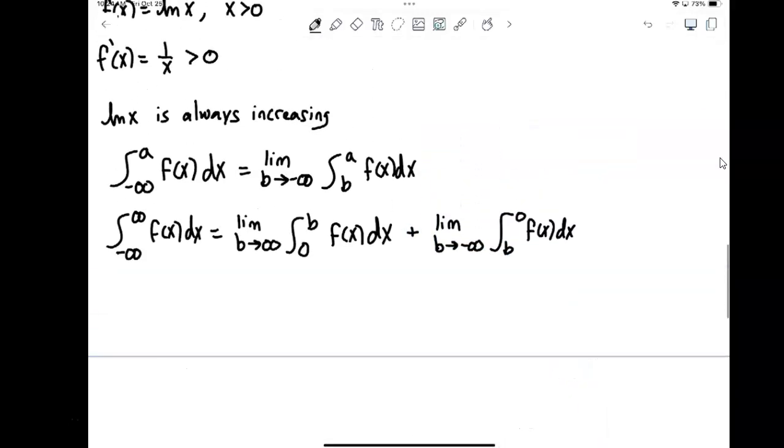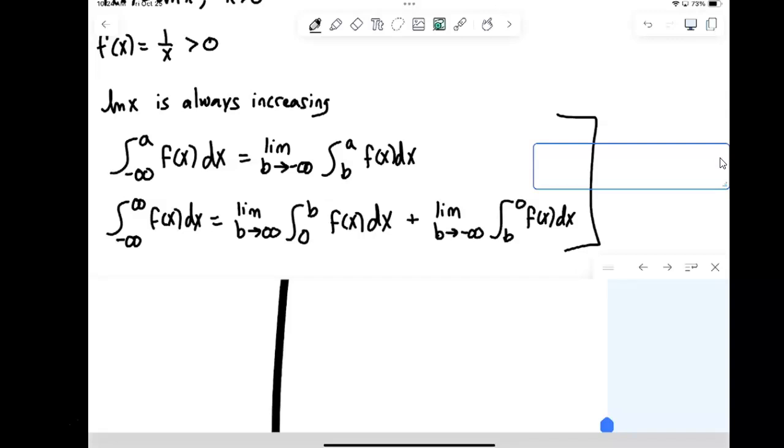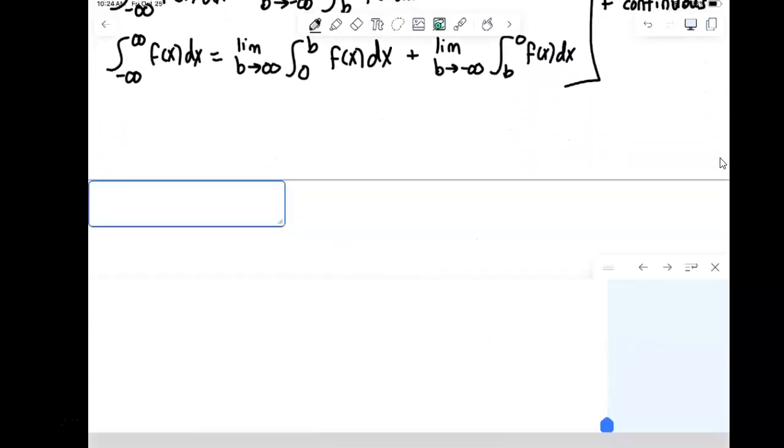And again, the underlying most important consequence of all this is that when we do these, f needs to be continuous across the whole interval. It will not make sense to do these if f is not continuous. Okay, so with that in mind, let's turn to another example.